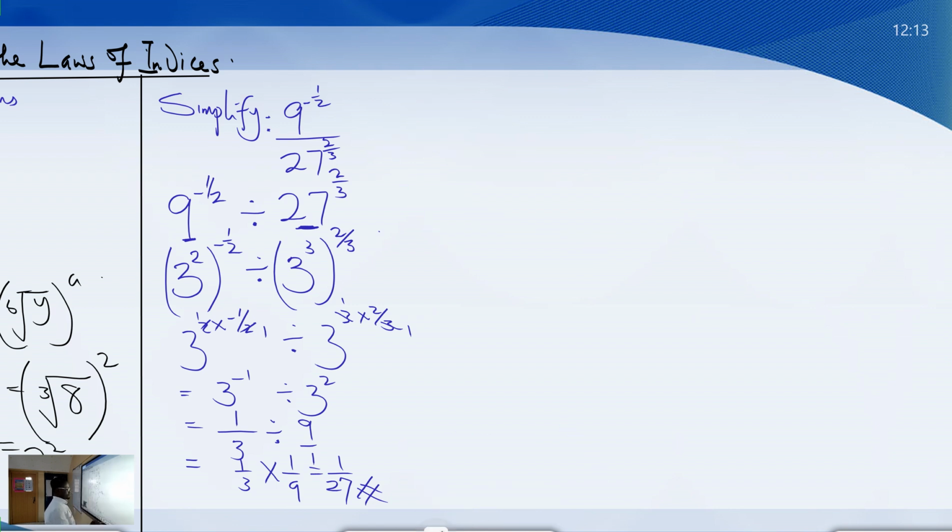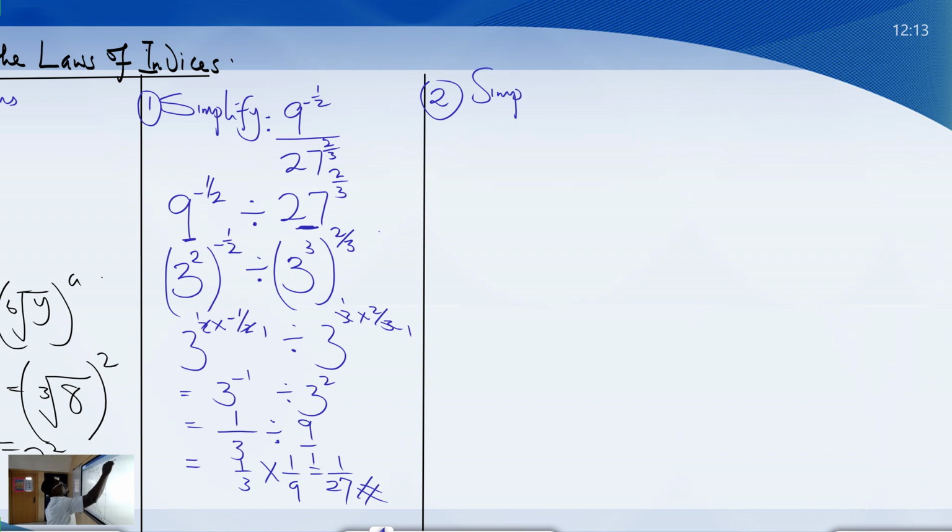Let's look at another question here. So I have 16. Okay, let's say this is question 1. Question 2. Simplify 0.027 raised to power minus 1/3.